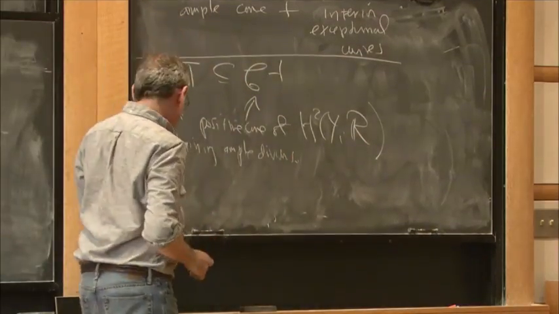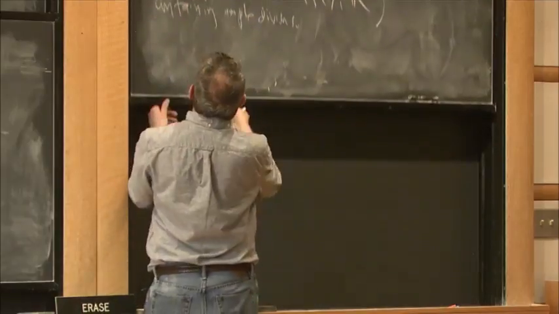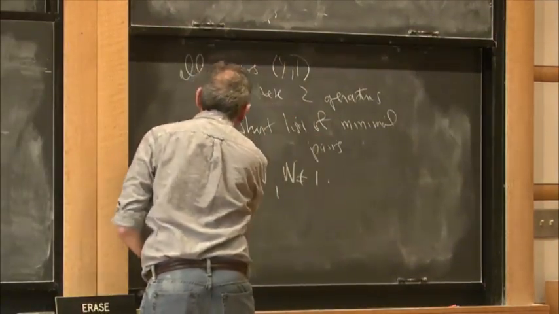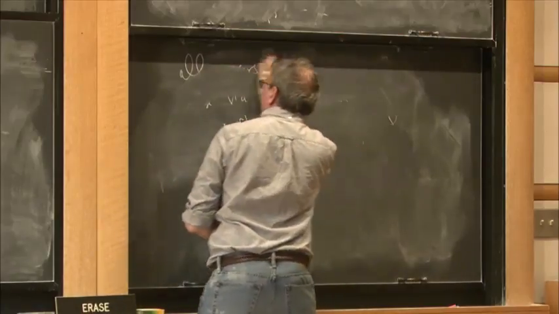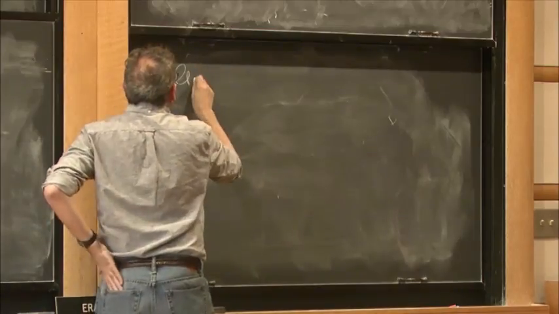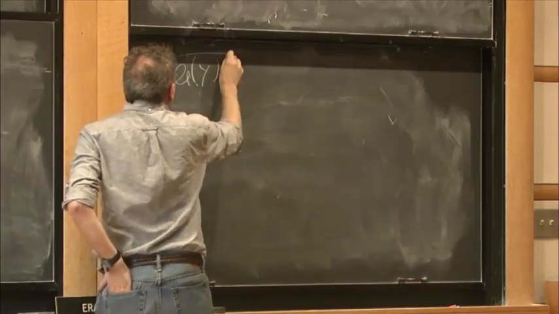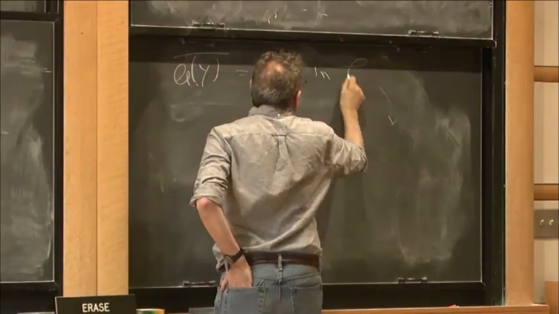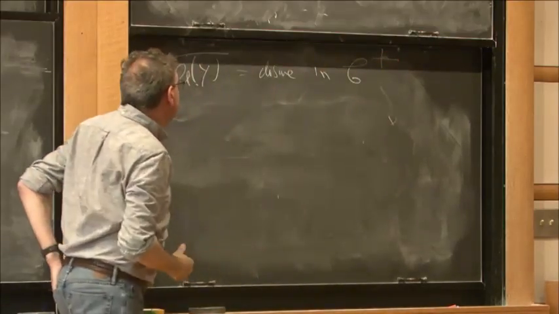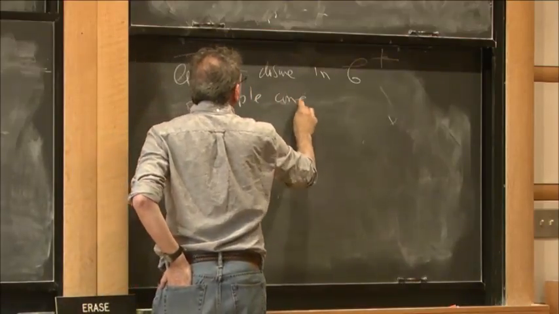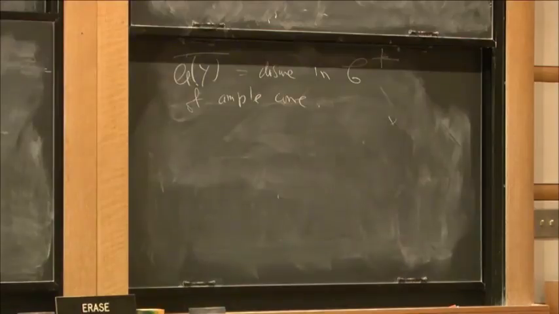And A of y bar is going to be the closure, but only in C plus, of the ample cone. Okay, so it's not closed in H2 of Y R.